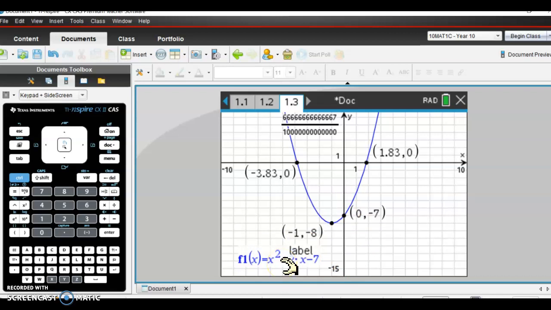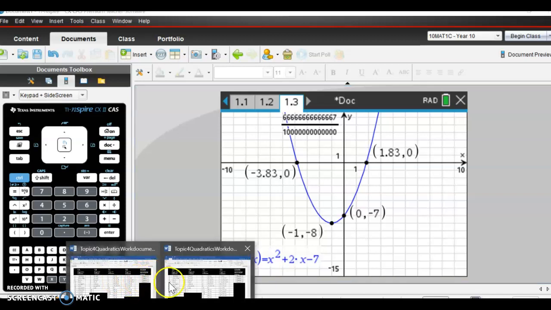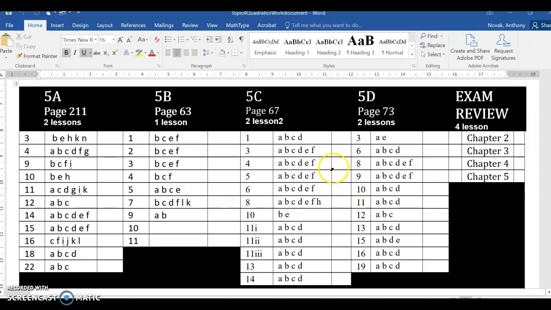So now we ask you to do the same for exercise 5C. Yes, there are lots of questions to be done. But remember, with the aid of the calculator, it's pretty straightforward. Record your answers, and maybe not so much here because they are drawn. Maybe just do a couple.